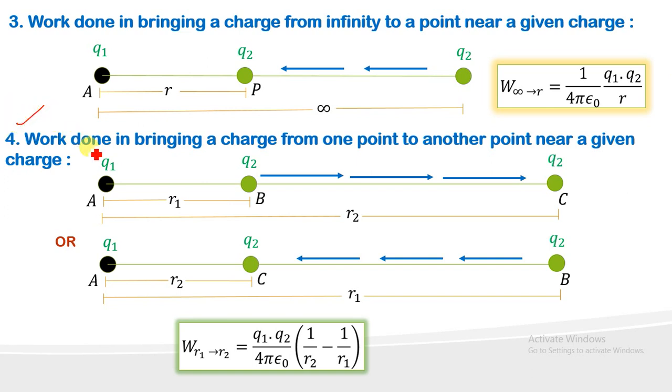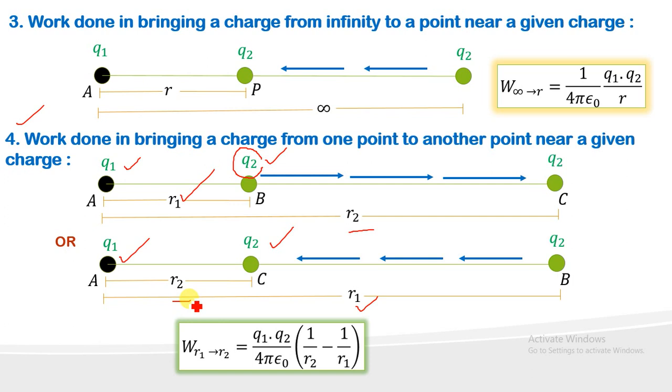Next point, point number 4. Suppose Q1 and Q2 are separated by distance r1. Two possibilities. What we are doing here is simply that the charge Q2 is moved while keeping the charge Q1 fixed at A such that the separation becomes r2. From r1 it becomes r2.